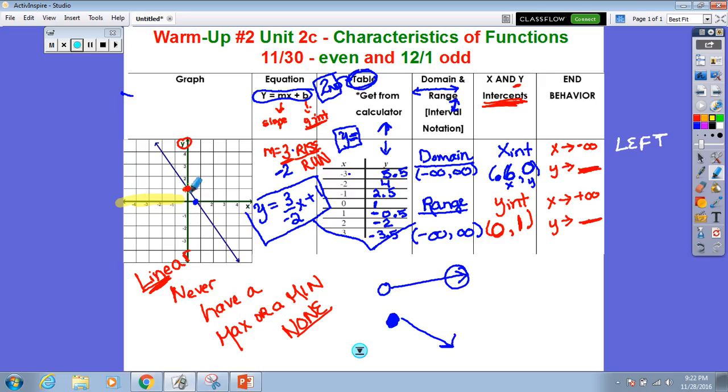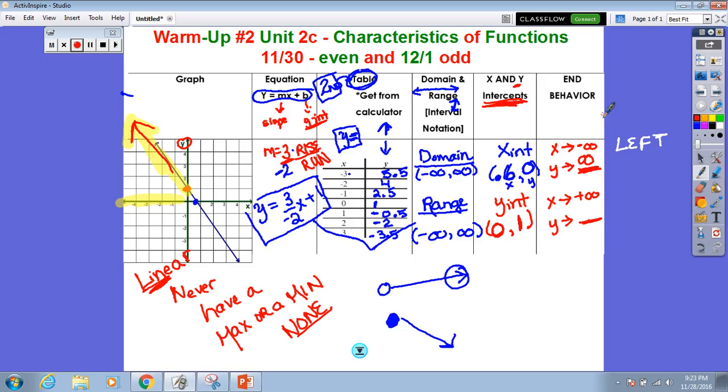What's happening to the line if we start at 0 and go further in a negative direction? What's happening to the y values? Where are they going? Up to the sky. And since it never stops, that means the y's are approaching positive infinity, because they're going up and up to the sky. They never stop going up.